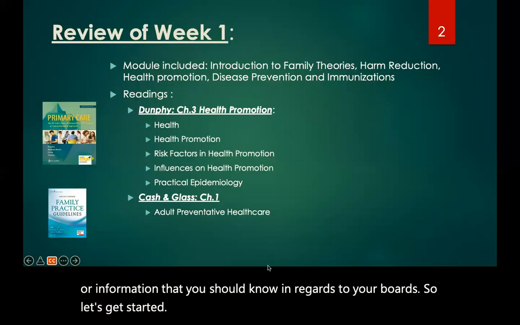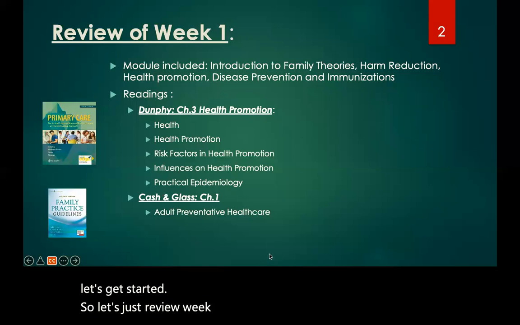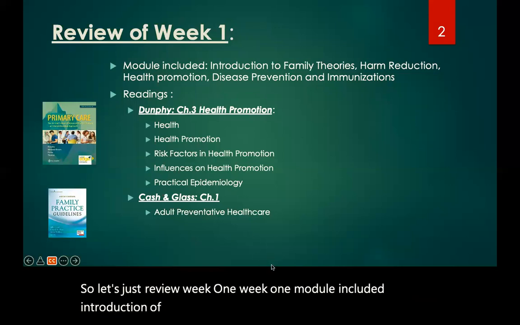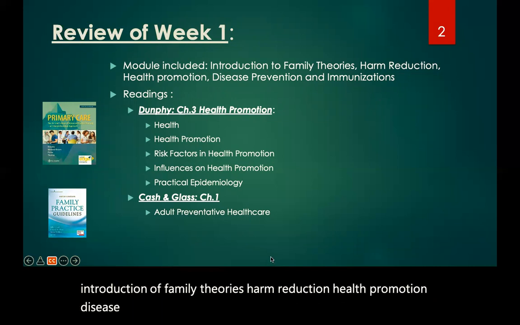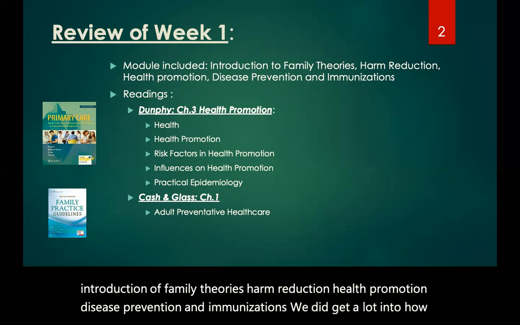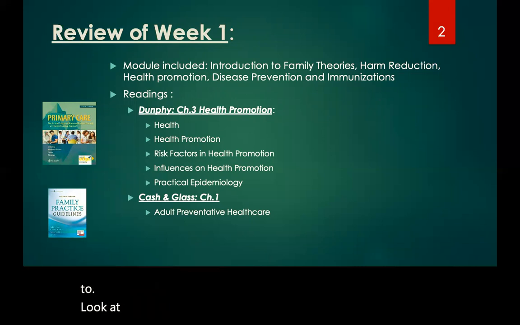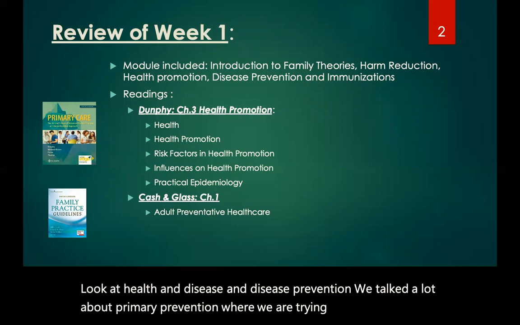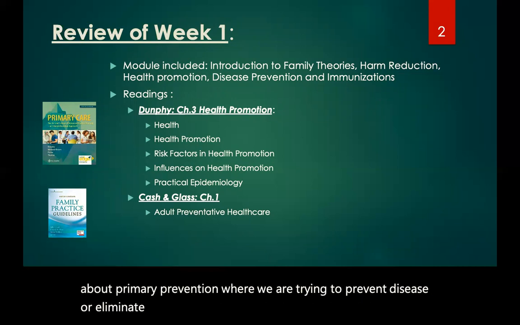So let's just review week 1. Week 1 module included introduction to family theories, harm reduction, health promotion, disease prevention, and immunizations. We did get a lot into how to look at health and disease prevention. We talked a lot about primary prevention, where we are trying to prevent disease or eliminate risk factors for an illness.